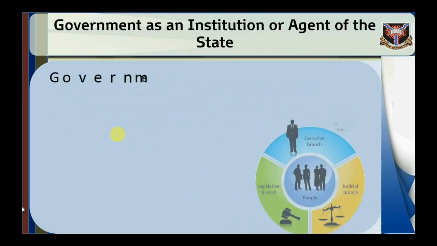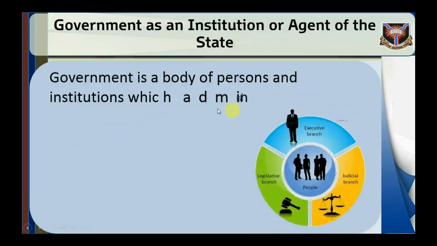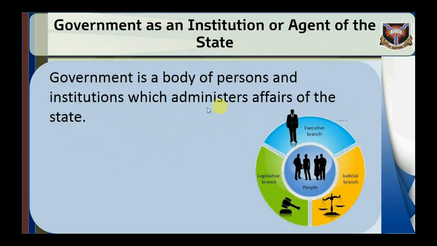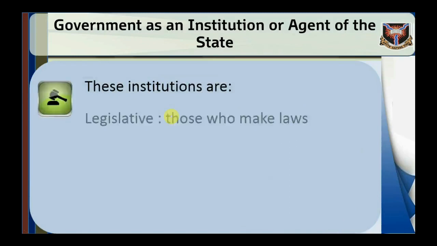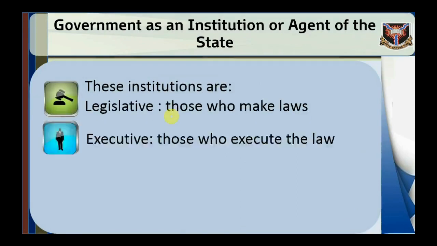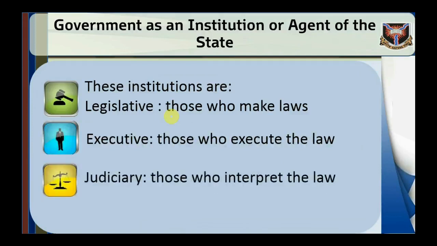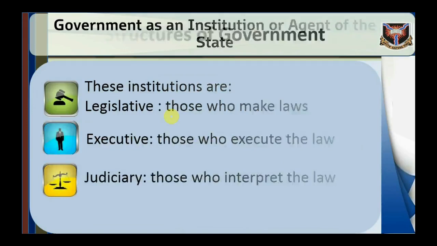Government as an institution or agent of the state. Government is a body of persons and institutions that administers affairs of the state. These institutions are legislative, which makes laws, executive, which executes laws, and judiciary, which interprets laws.